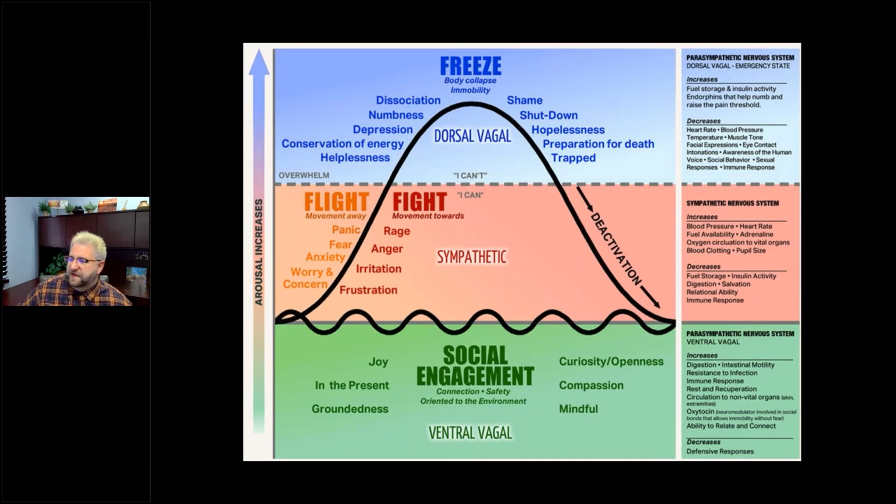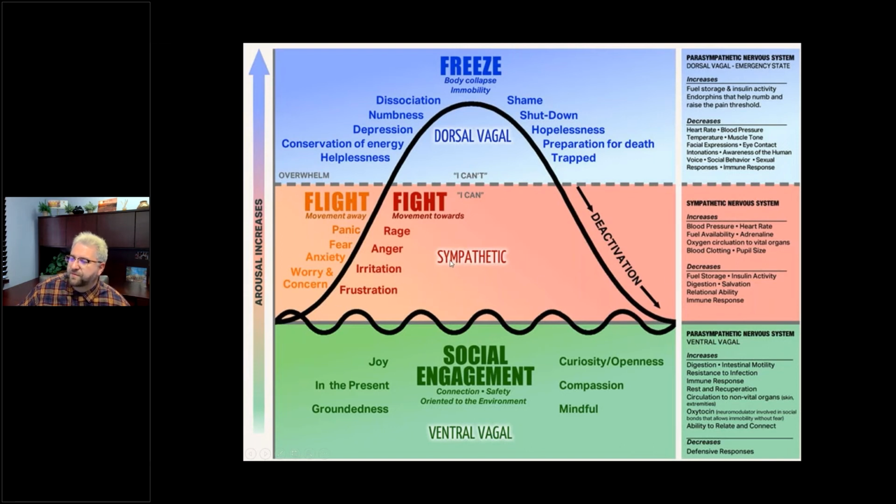So what we see here is, you see, this is like an activation state. And so you might have somebody who cannot even experience much more than frustration. And so that means that right here, this is their window of tolerance. They can only tolerate what's right here in this little area.